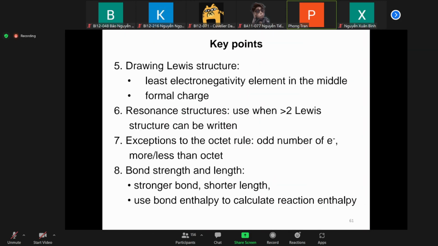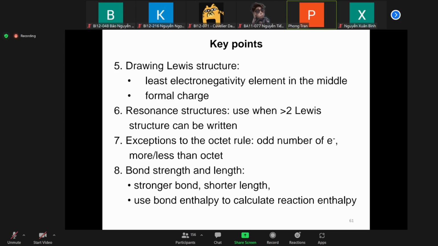So to conclude, we have discussed in this lecture the drawing of Lewis structures, with a few messages. You need to put the less electronegative element in the middle, and to choose the correct structure, you need to know how to calculate the formal charge.